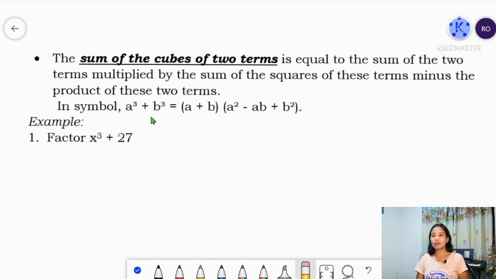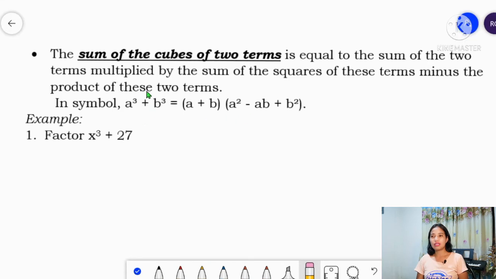So, in general form, that is a cubed plus b cubed is equal to a plus b times a squared minus ab plus b squared. So, kapag kukunin natin ang factors ng sum of two cubes, dapat ang magiging sagot natin will be in this form.